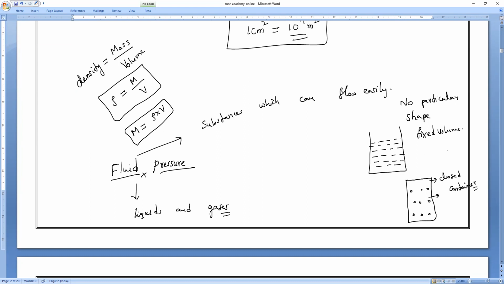Both are fluids, but there are a lot of differences. In liquids the force of attraction is more and there is a fixed volume but no fixed shape.